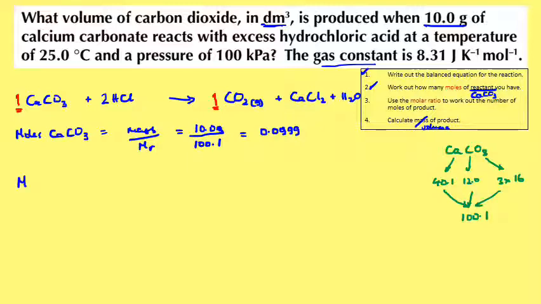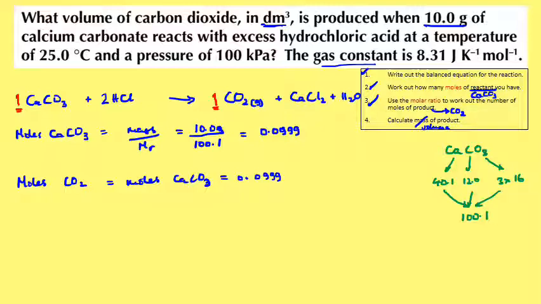So the moles of carbon dioxide, which is the product we're concerned with, equals the moles of calcium carbonate, and so moles of carbon dioxide is also 0.0999. So that is step number 3 done.